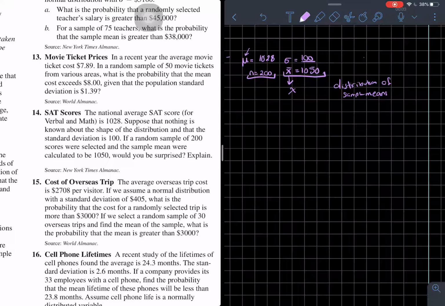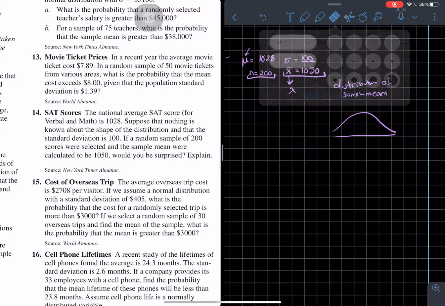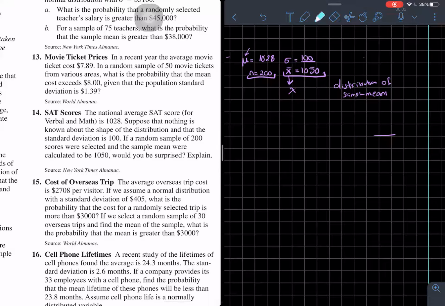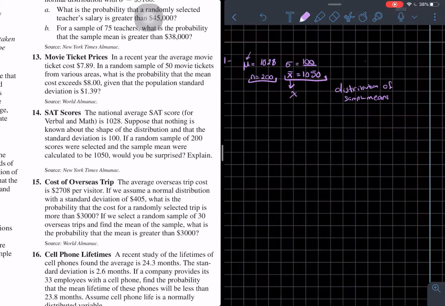Okay, so what does that really tell me? What that's telling me is that rather than having a lot of variance and looking like a bell-shaped curve in case it's normal, it's going to look something a lot weirder where it's not going to be as variable. Actually, it's going to look something like this. Now, why, you might ask?